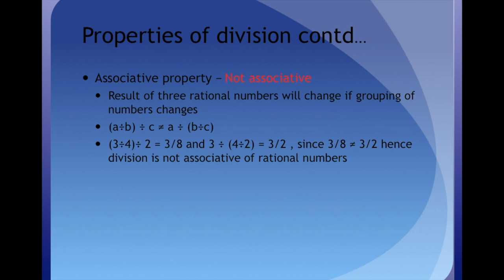As given in the example here, 3 divided by 4 divided by 2 is not equal to 3 divided by bracket 4 divided by 2. In case of left hand side, the answer is 3 by 8. In case of right hand side, the answer is 3 by 2. Since 3 by 8 is not equal to 3 by 2, hence division is not associative for rational numbers.